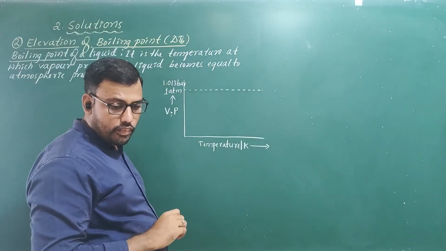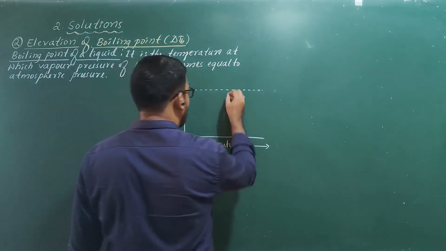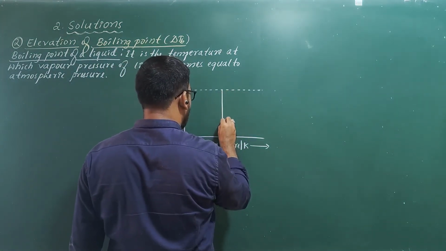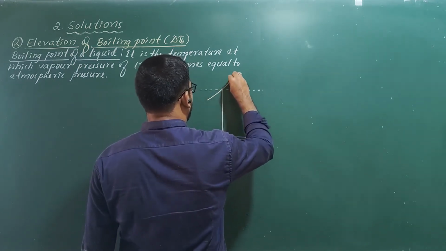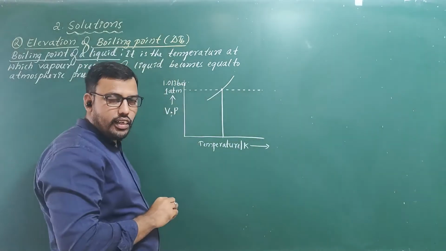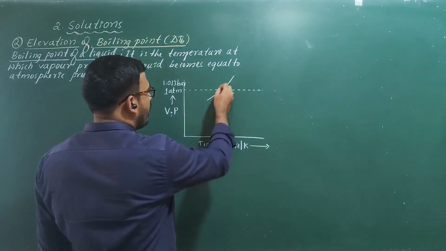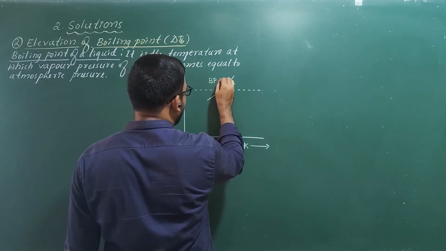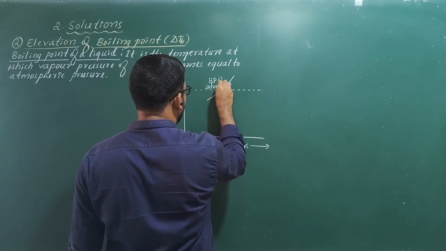So observe this point. This is the graph for solvent, and this is the boiling point; for boiling point I am writing BP in short, boiling point of solvent.